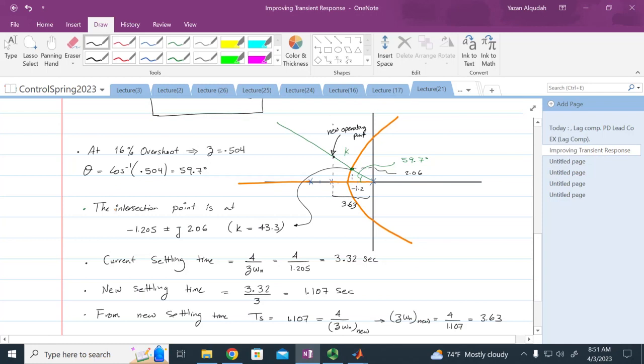So this new operating point is negative 3.63 plus j6.19. Good? Okay.